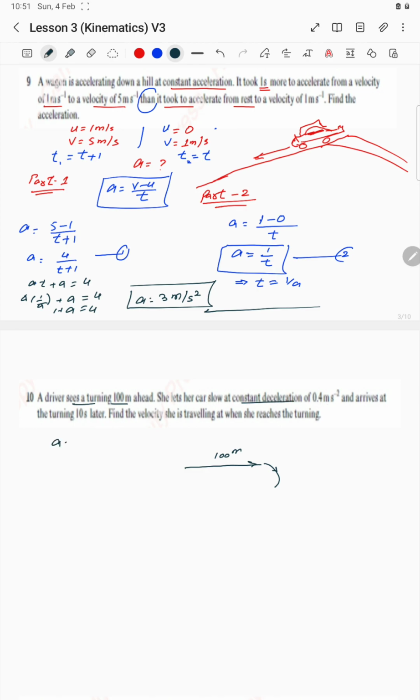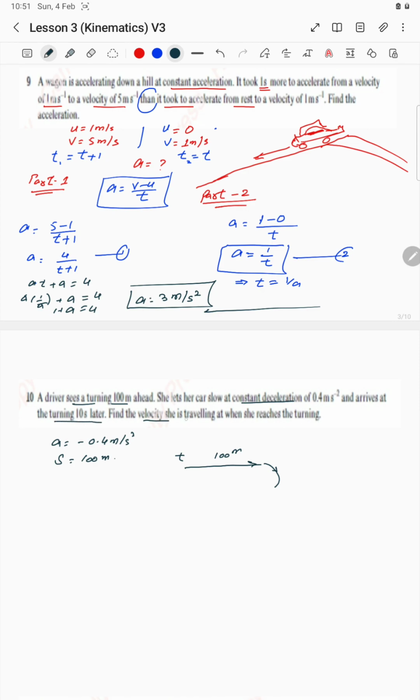Here a will be minus 0.4 meters per second squared because it's decelerating or retarding. So s is equal to 100 meters, and she arrives at the turning 10 seconds later. So starting at t, then 10 seconds later it will be t plus 10. Again, a case.